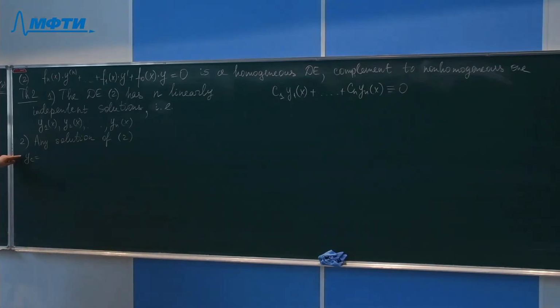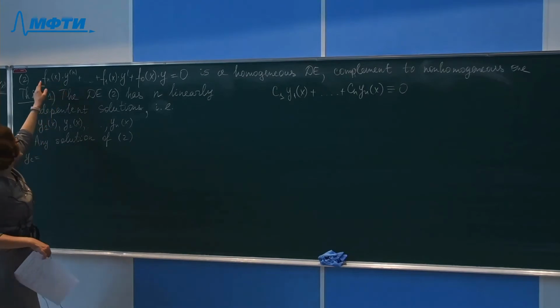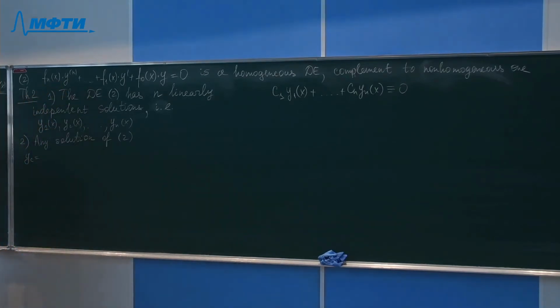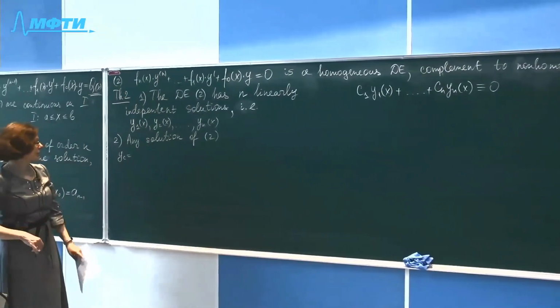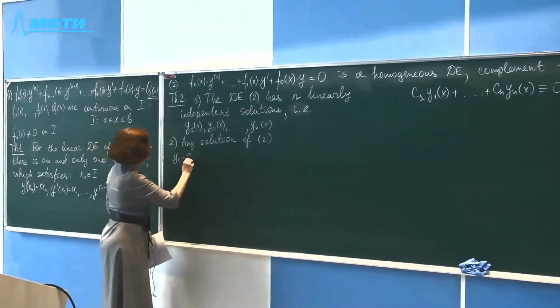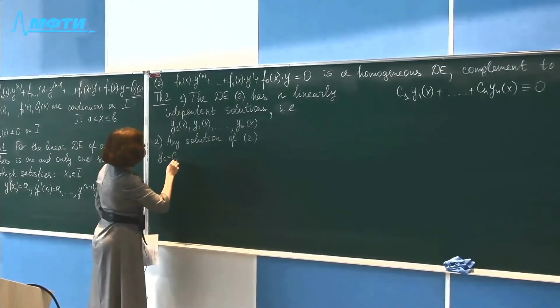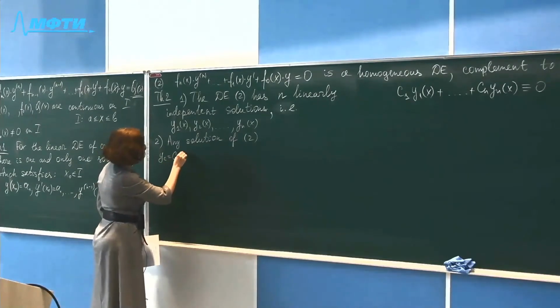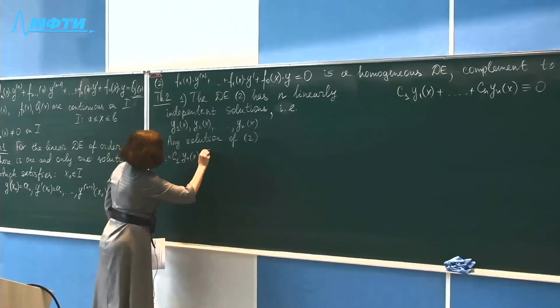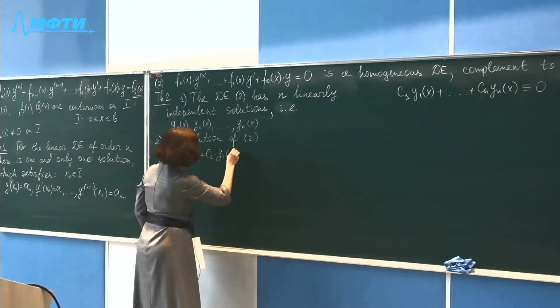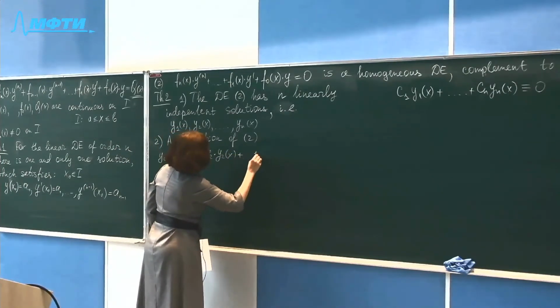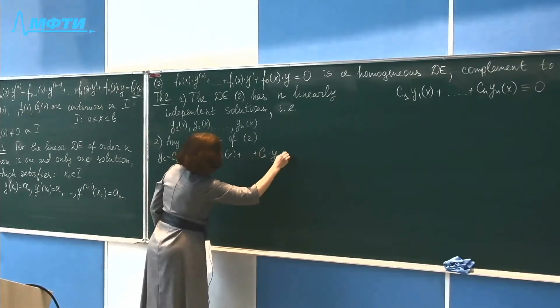I call it YC, and this subscript C means that this is a solution not to the original differential equation, but to the corresponding homogeneous differential equation. So YC can be represented as the linear combination of these solutions with some coefficients: C1 times y1 of x plus C2 times y2 of x plus ... plus Cn times yn of x.